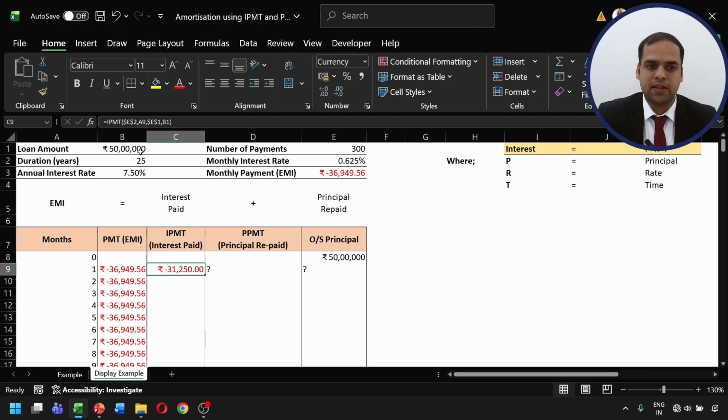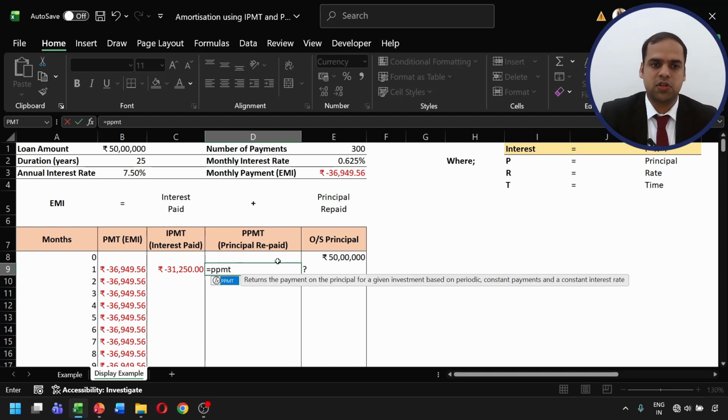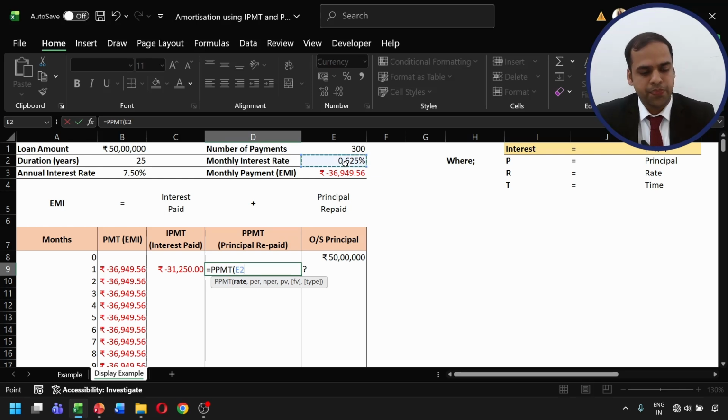paying 31,250 rupees as interest. And to know about the principal portion, we can simply do PMT minus IPMT, or EMI minus the interest portion, and we get the principal portion. But we are using and learning about the PMT function. So rate, monthly interest rate, we will freeze this cell.